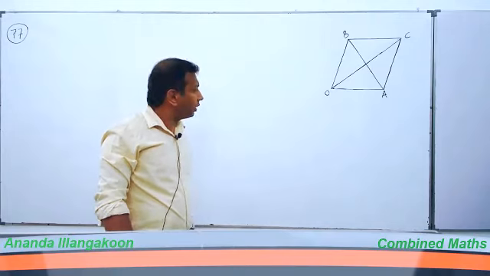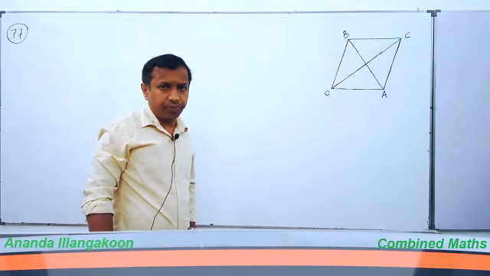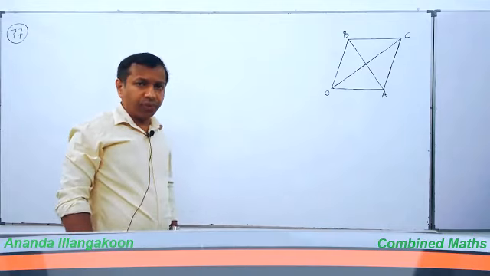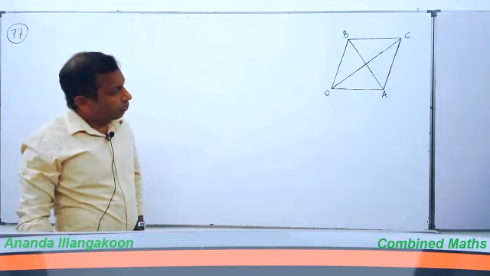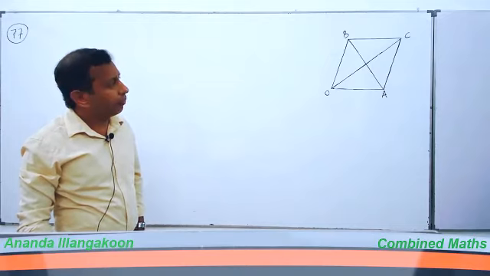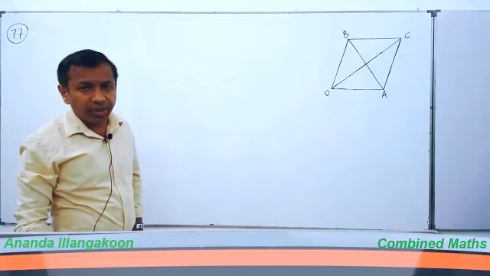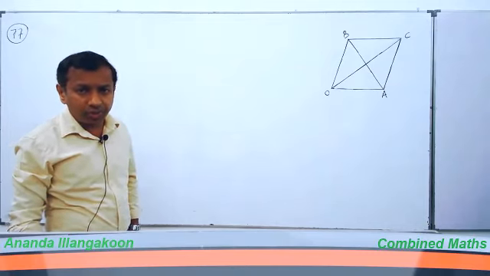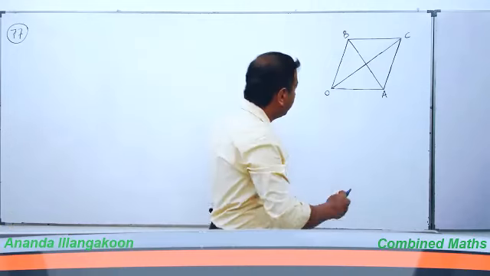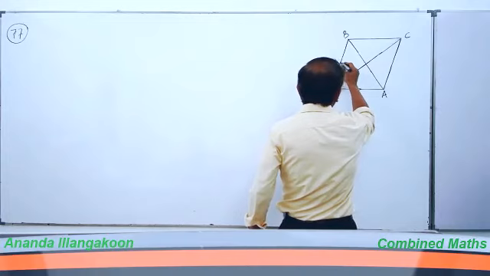Then I am going to take this point O as the vector origin. Relative to this origin O, I take the position vector of the point capital A as simple A vector, and that of capital B as simple B vector. That way, first of all, we'll draw the rhombus. This is the simple A vector. This is the simple B vector.